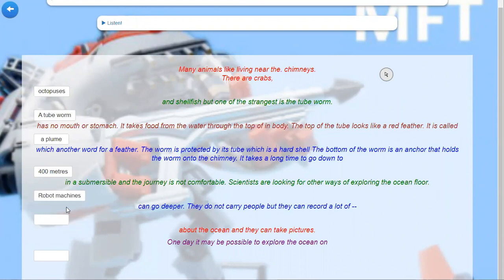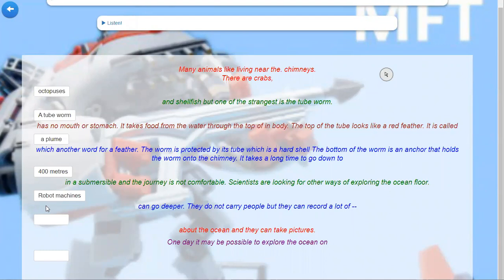Robot machines. Okay, we'll check maybe robot machines. One can go deeper. They don't carry people, but they can record a lot. They are trying to find methods, like a computer, that they can send down. You can send robots down, and they find the information through their computers.